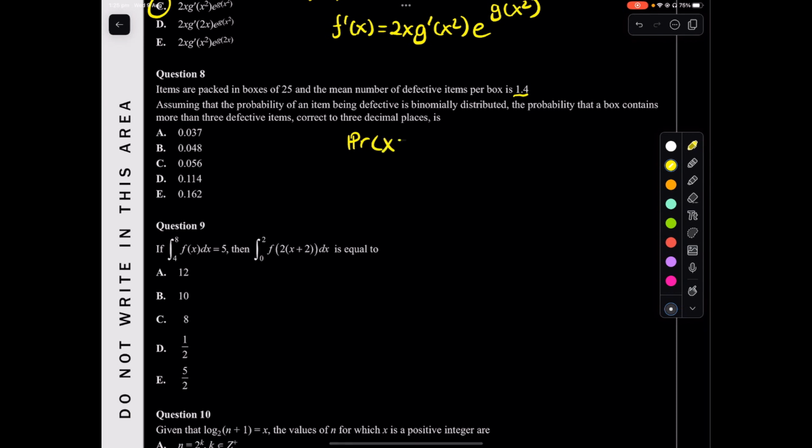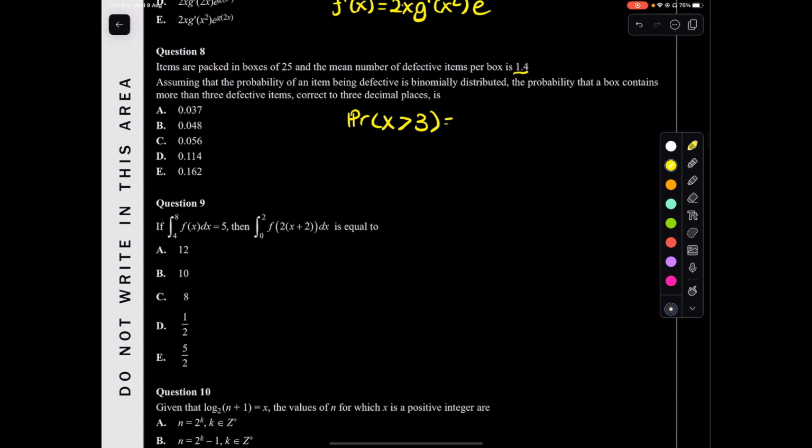So let's say x is greater than or equal to 3. The probability that a box contains more than 3. More, okay, no, just, yeah, greater, not equal. More than 3 defective items, okay, which we can rewrite this whole thing as just a probability as x is greater or equal to 4.